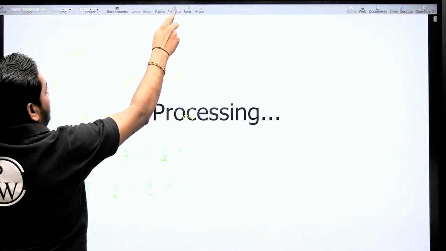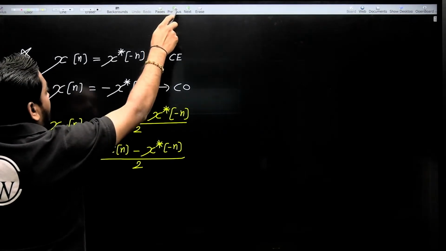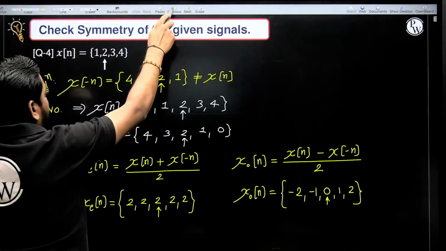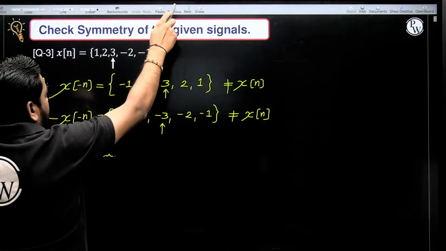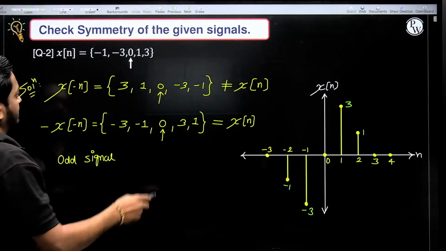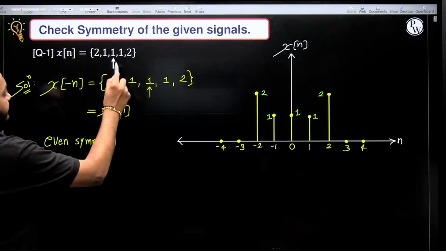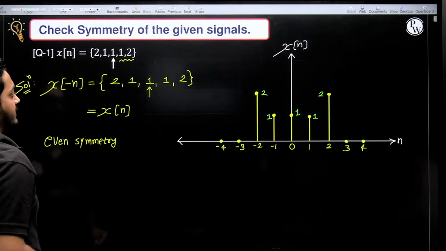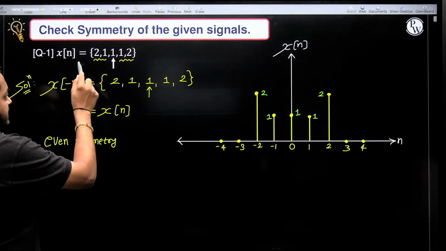But here, in discrete time, see, this is even signal. So see, this is summation for n equal to 1 to infinite, and summation for n equal to minus infinite to -1.